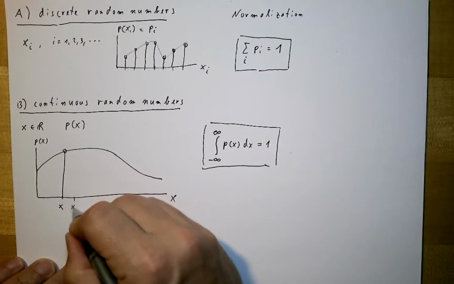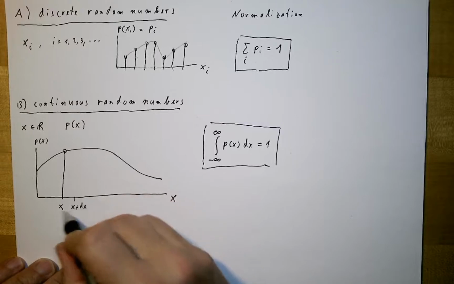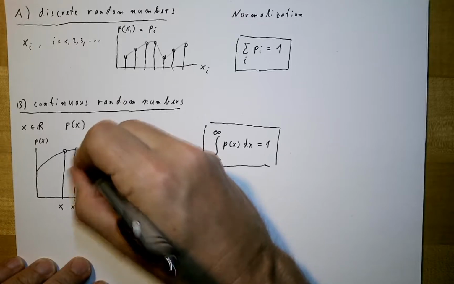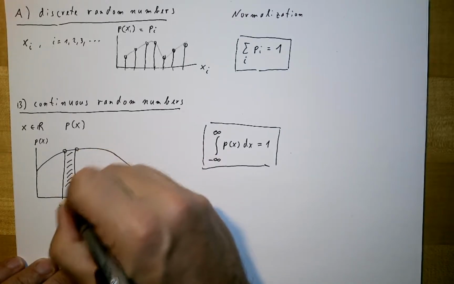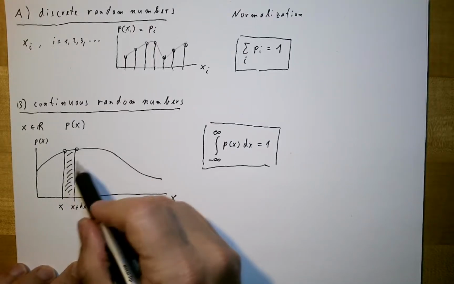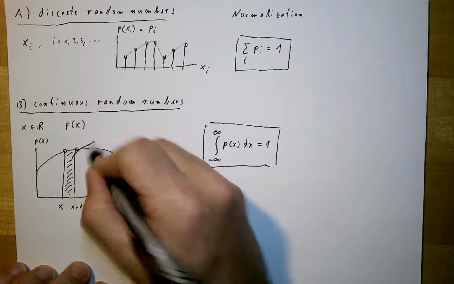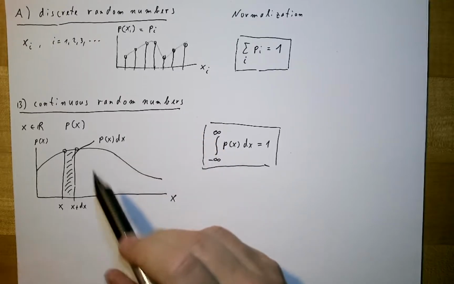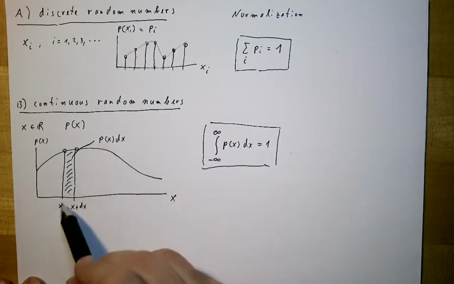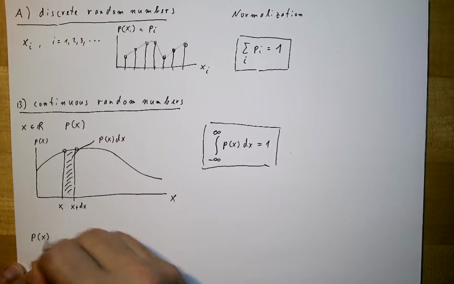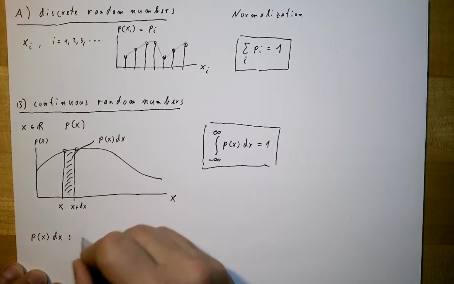We go from x to x plus dx, a small increment, and then we look at the rectangle under our distribution, and the size of this rectangle, p of x dx, is the probability to have a random number in this interval.